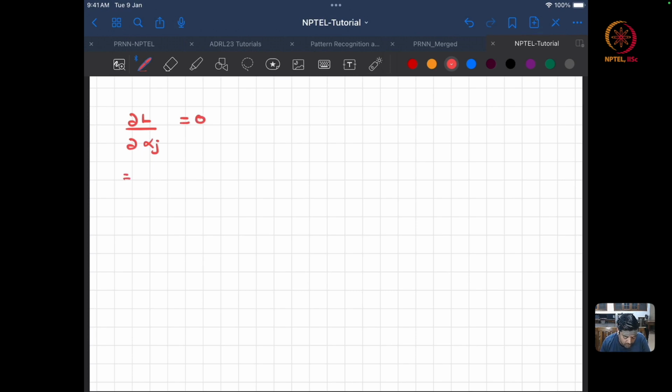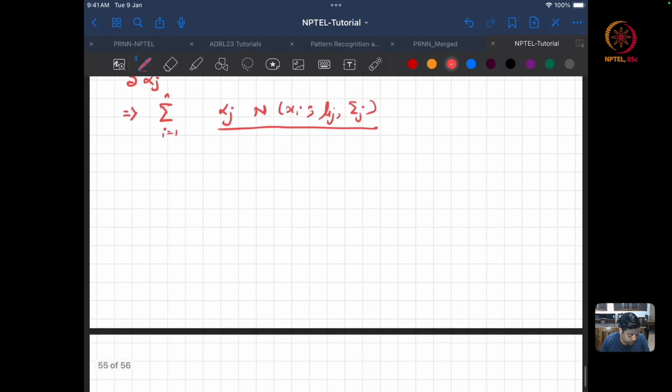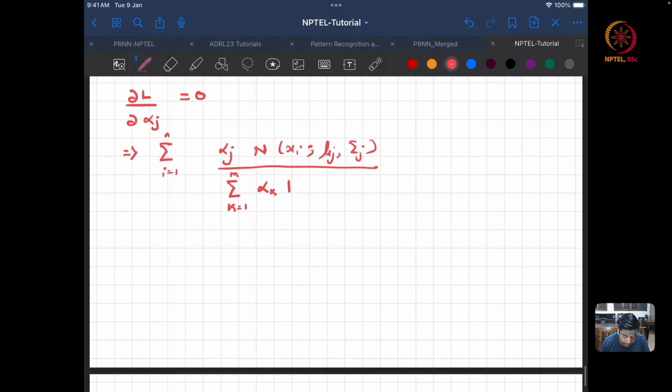Okay, now because of which what will happen, summation i equal to 1 to n, alpha j N of xi given the parameters mu j, sigma j, divided by the sum over k, plus lambda, equal to 0.